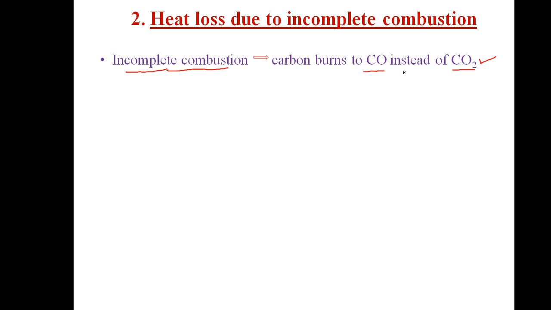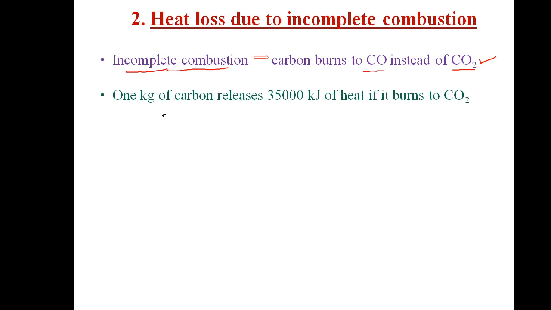Here, the capability of liberating heat energy when it burns to CO2 is different from when it burns to CO. Now, if we burn 1 kg of carbon with complete combustion, it converts into carbon dioxide and liberates 35,000 kilojoules of heat. So unit mass of carbon burned in the presence of sufficient oxygen produces carbon dioxide as a byproduct of combustion and releases 35,000 kilojoules of heat.